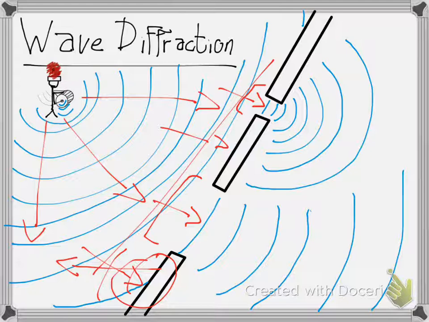Now, with our larger opening, we see that we've got a fairly large chunk of this almost parallel flat wave. And what happens with the larger opening, and when I say larger and smaller, this is all relative to the size of the wavelength. So in this case, the wavelength and these openings are in the same size class, if you will.